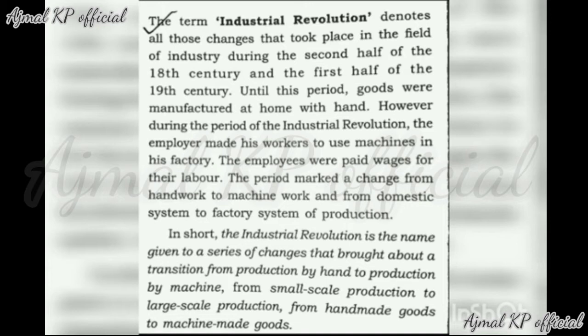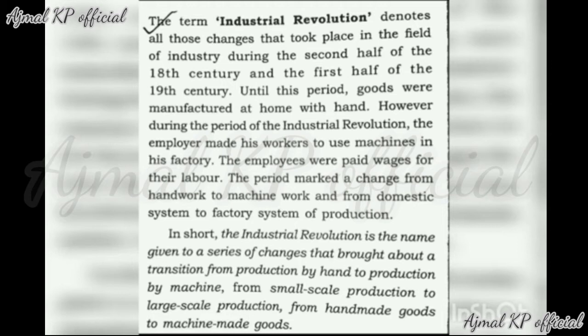After the Industrial Revolution, the companies and the people came to use machines.